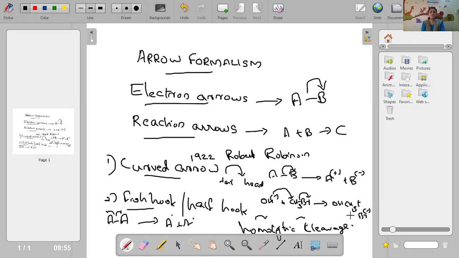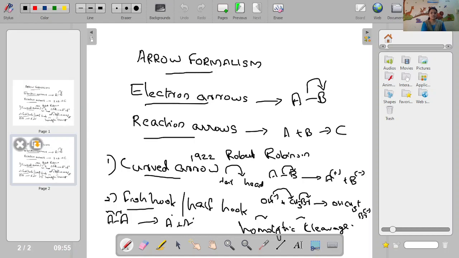Curved arrow means two electrons, or an electron pair, are transferred. So from A to B, if two electrons are transferred, A becomes A plus and B becomes B minus. Half hook or fish hook arrow means equal sharing or transfer of a single electron. As a result, free radicals are generated. The same we can discuss under bond fission also.